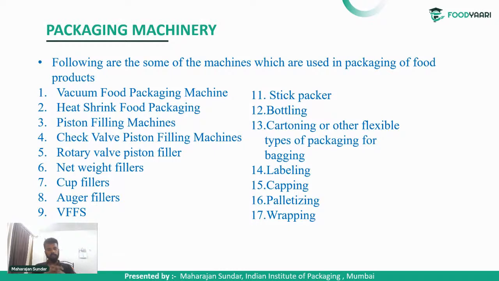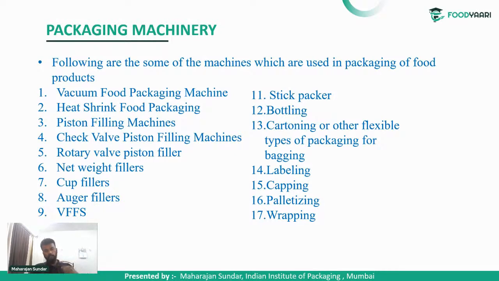Majorly used are vacuum packaging and food packaging machines. For example, for chips packaging, the packaging material comes in, the package is formed and sealed, and the gases present inside the formed flexible laminate are sucked out, and the product is filled in it.